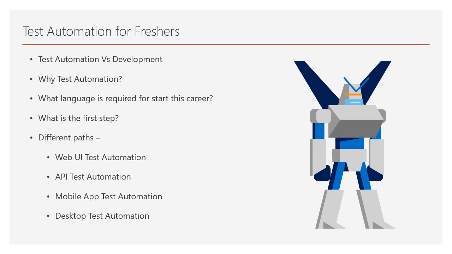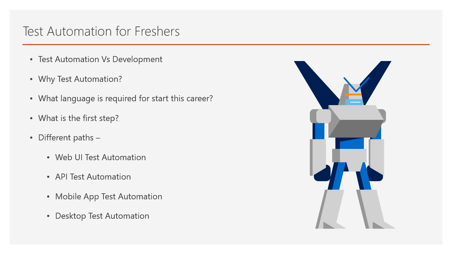So we can use Java as a start for beginners, because a lot of forums are already available. If you get stuck anywhere, you can easily search on the net and you will find the details there.